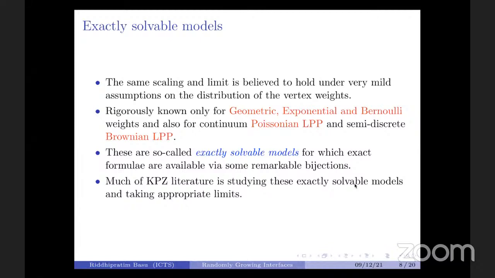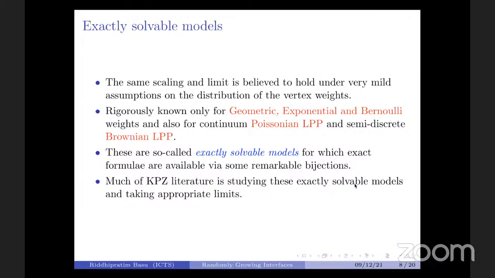But the unfortunate reality is that even though it is believed, and numerically supported by a lot of evidence, that this is indeed true for a large class of weight distributions, it is known only for a very small class of weight distributions. Only 3 or 4 particular examples of this last passage percolation model are actually known to be in the KPZ universality class in a rigorous sense. The reason these models are exactly solvable is because there are certain remarkable bijections that let one map these models to some other well understood objects in different areas of mathematics.